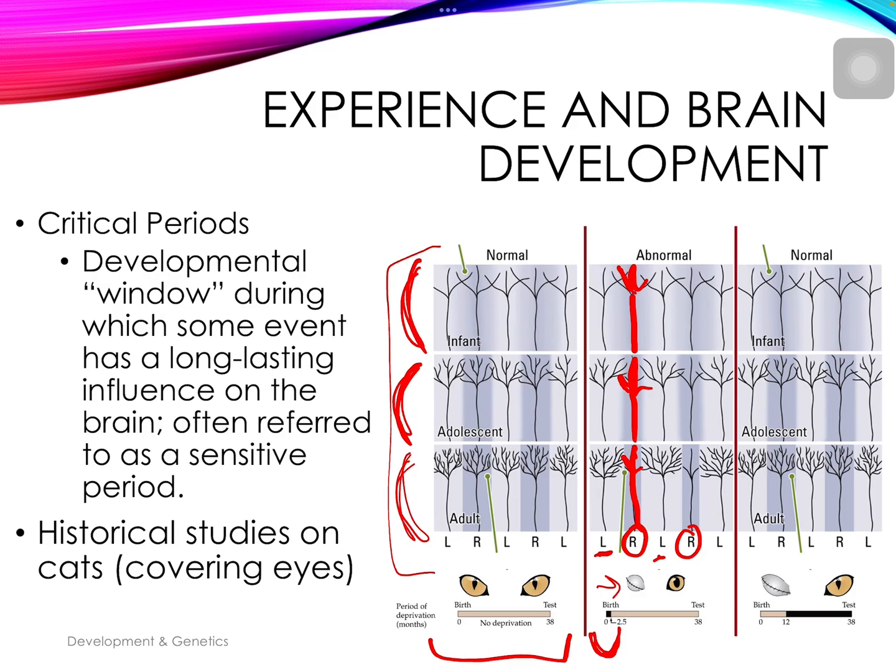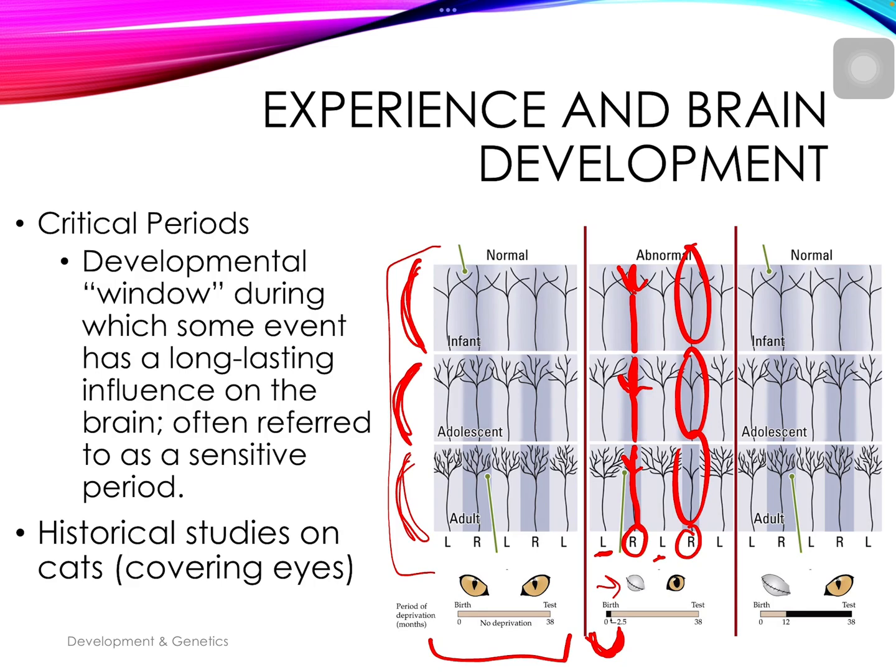And so what ends up happening is that because these neuronal projections are not forming because they don't have the exposure, they don't have visual input, then if you uncover this eye, that kitten will be blind in that eye because these projections are not matured.